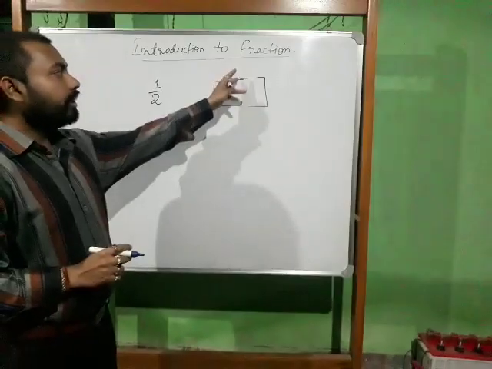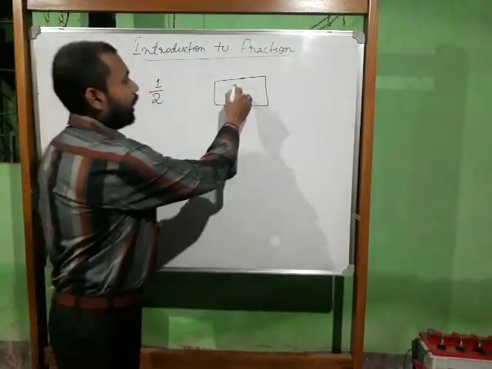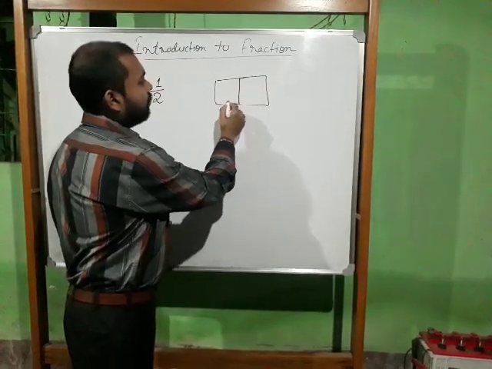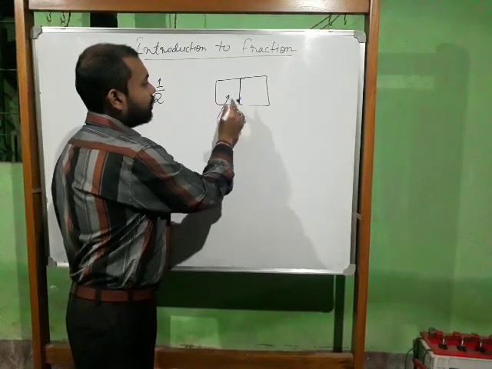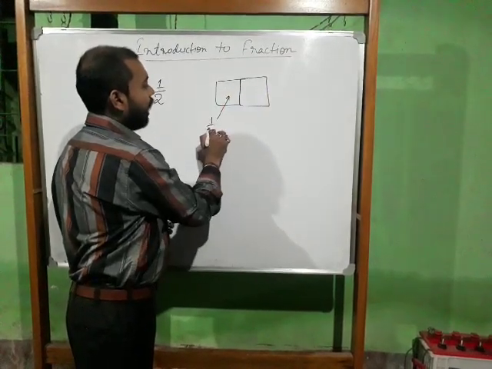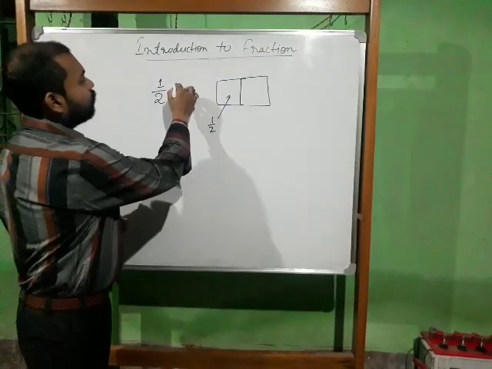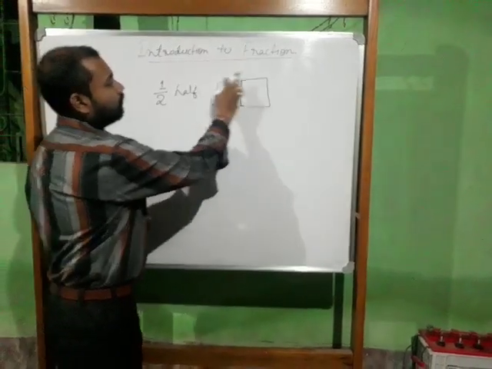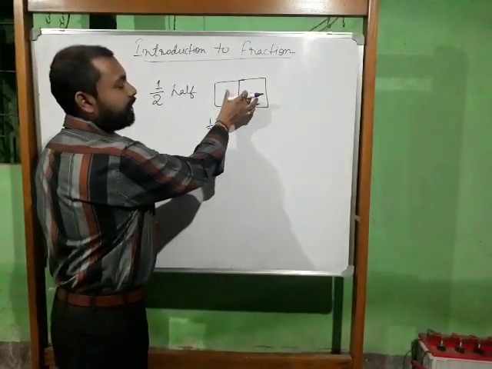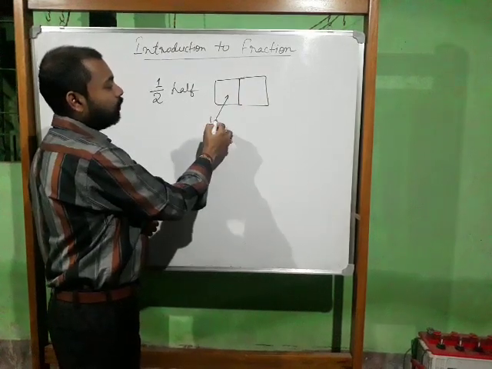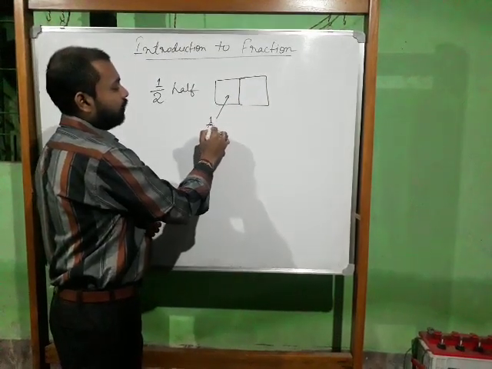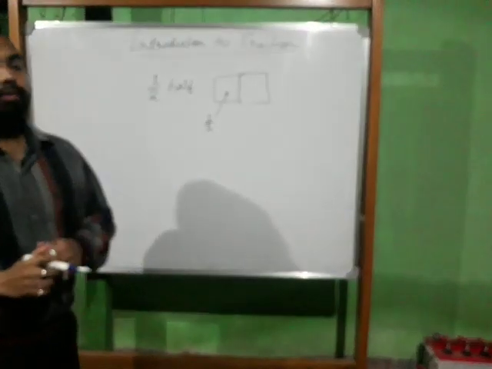Now if I divide it in two equal parts, then each part will be represented as half. This 1 by 2 is also known as half. So this whole part is divided into two equal parts. Each part will be half. So this is a fraction.